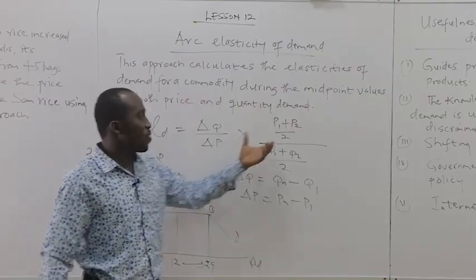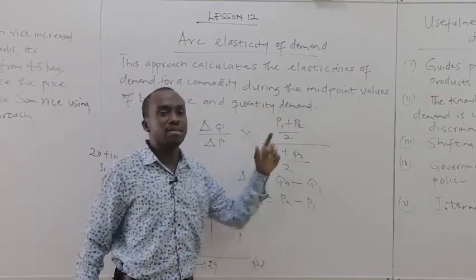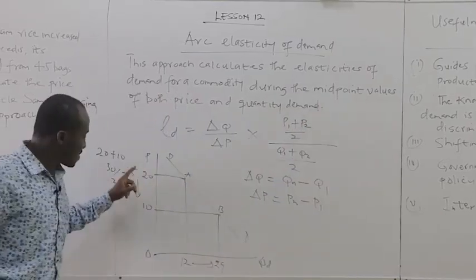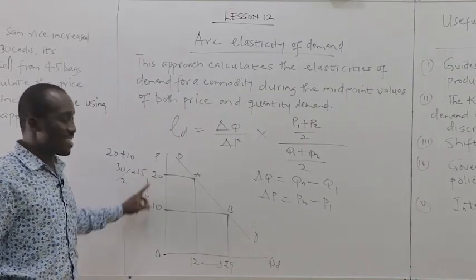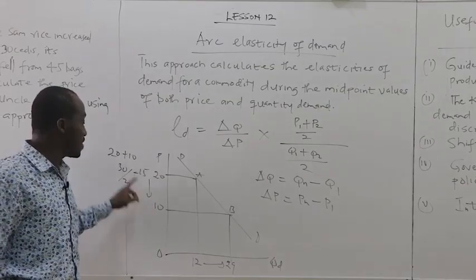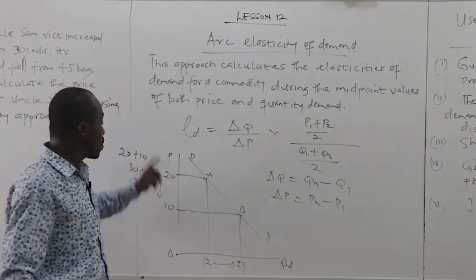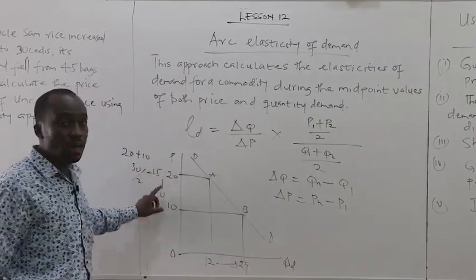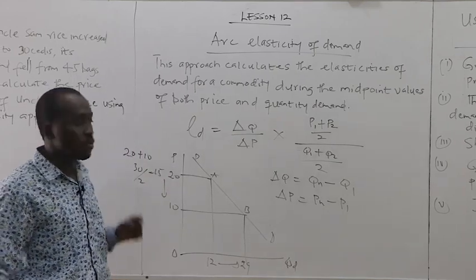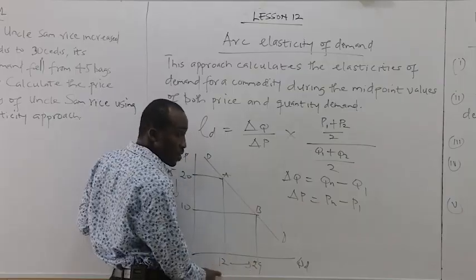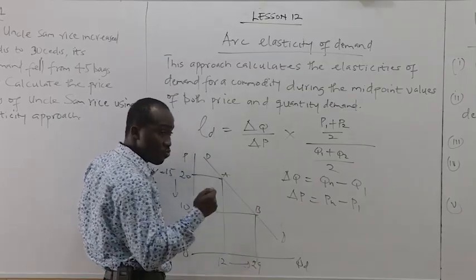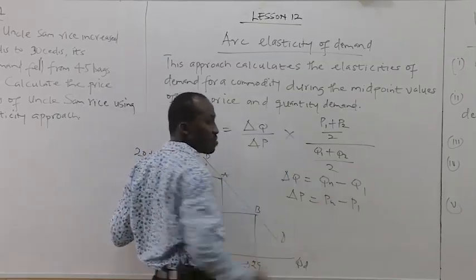So when you come here, you're going to use the midpoint. What's the midpoint? 20 plus 10 will give you 30, divided by 2. So you don't use only one of the prices, you use the midpoint value. When it comes to the demand, we have 12 and 29. So you add 12 and 29 and divide it by 2, so that you use the average.